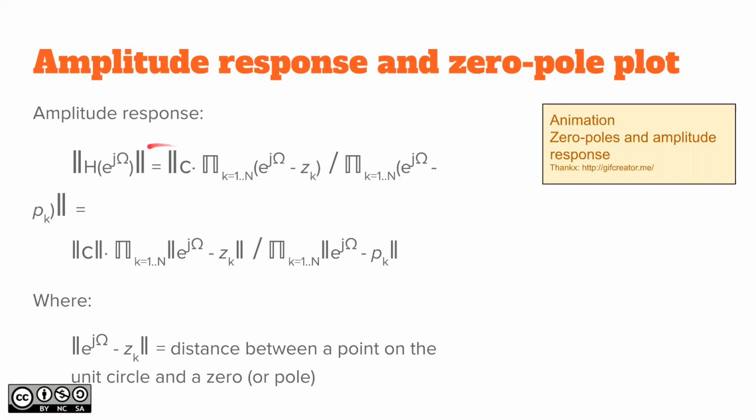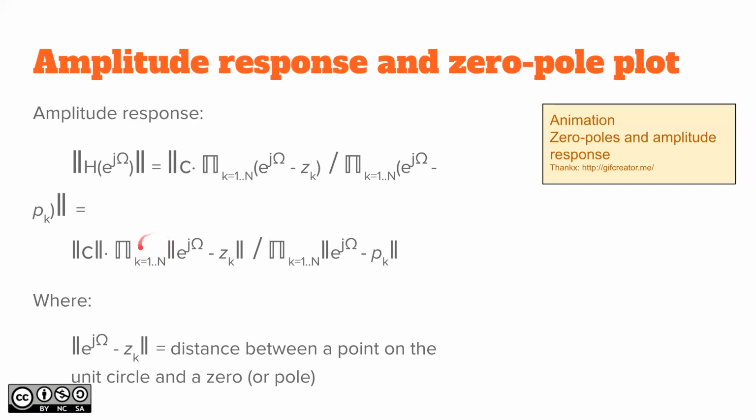If we take and calculate this one, we can quite fast see, okay, here we have the absolute value of that, the total gain of the system. But then we have actually taking this absolute value inside of the product.